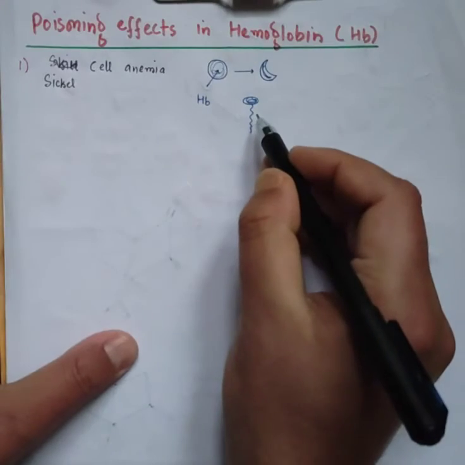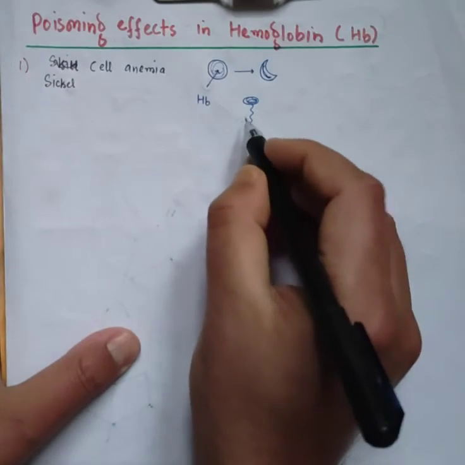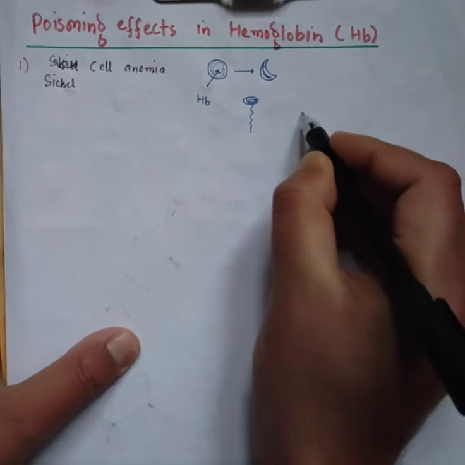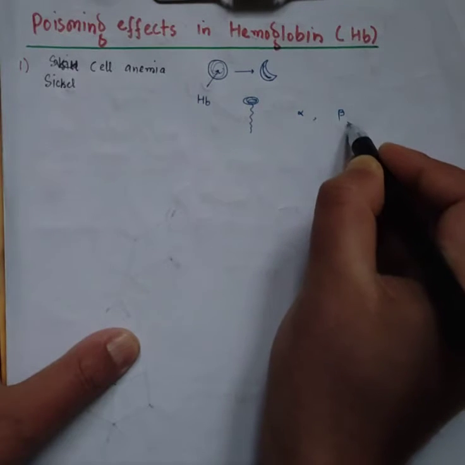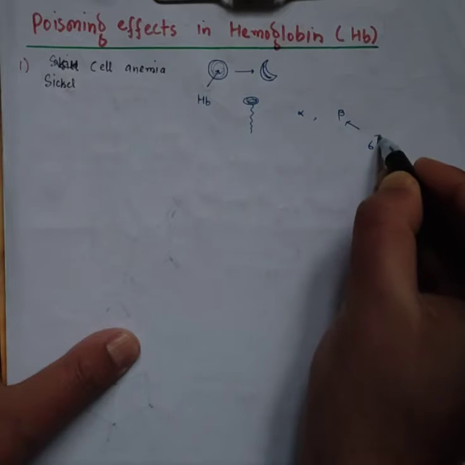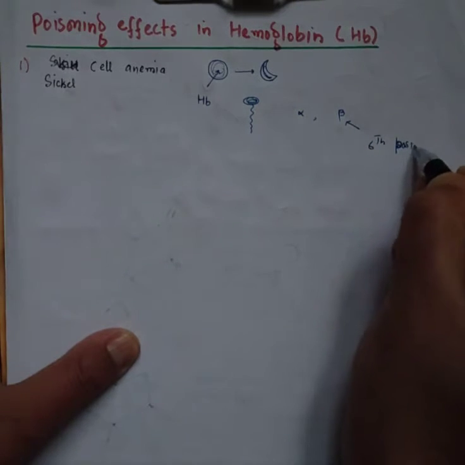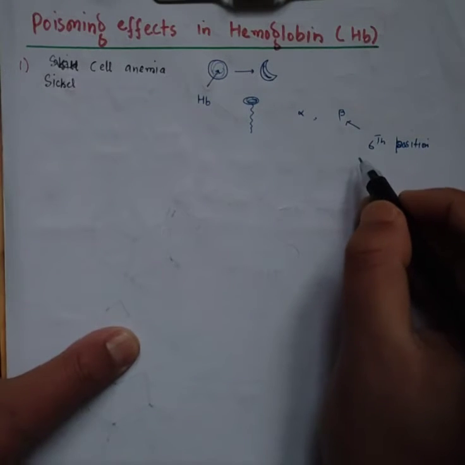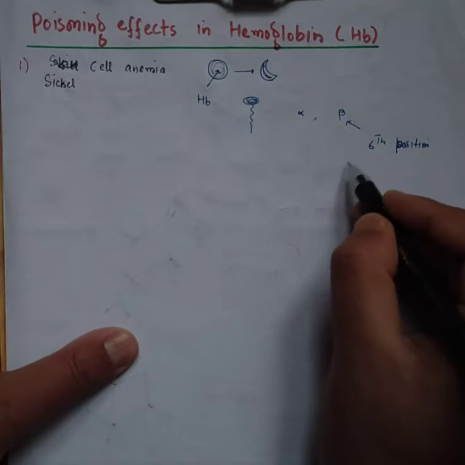Now this globin chain has different amino acids, and there are 2 types of chains, alpha and beta. In the beta chain, at the 6th position, amino acid number 6, normally there is glutamic acid.